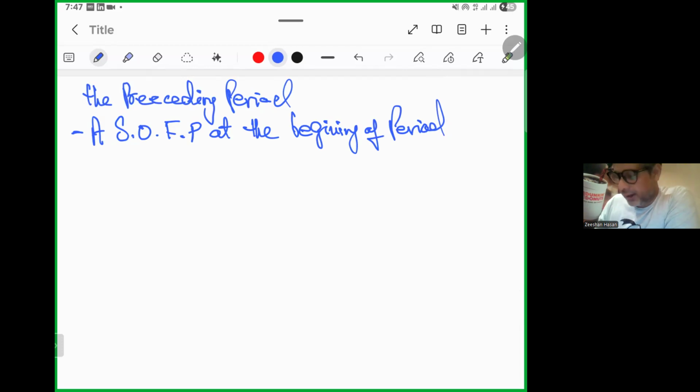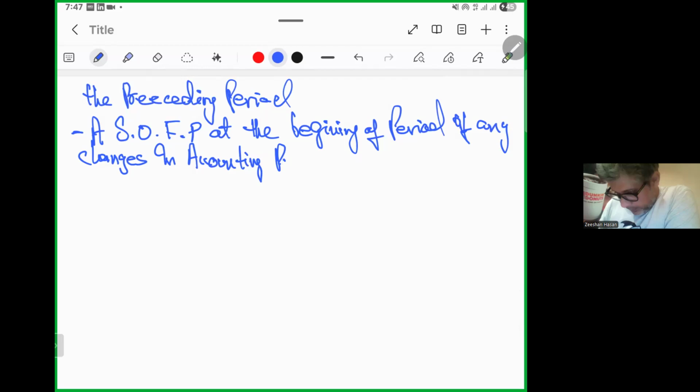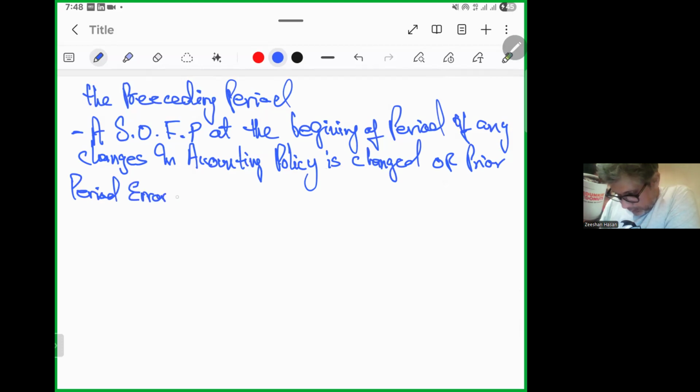That means at the start of the year, if any accounting policy is changed, or a prior period error is corrected.